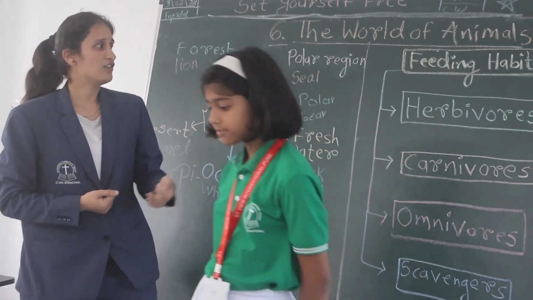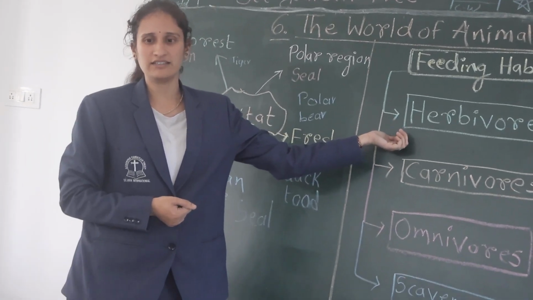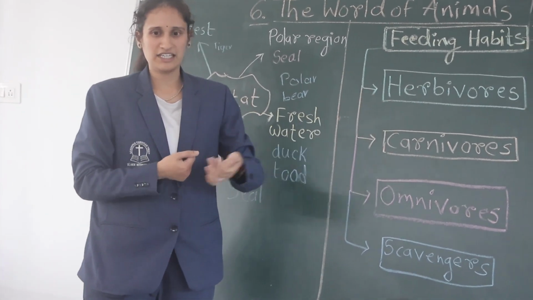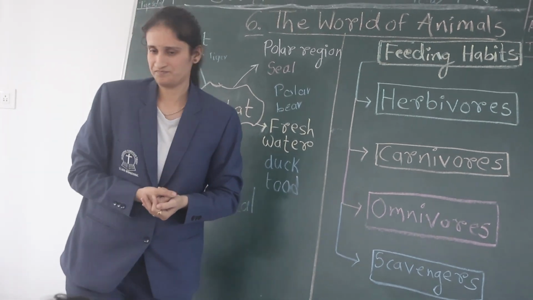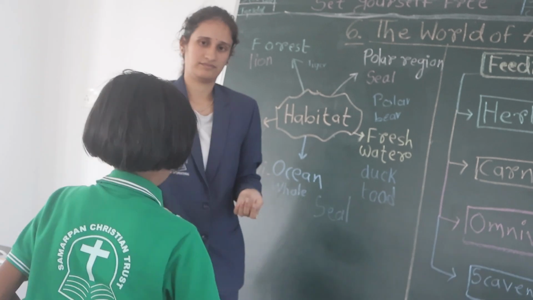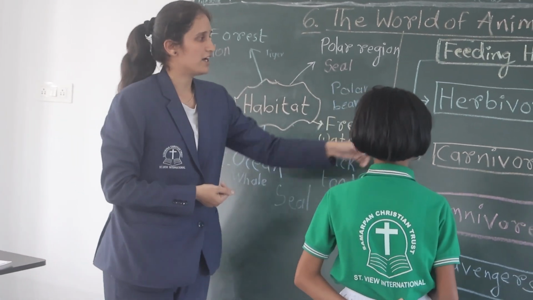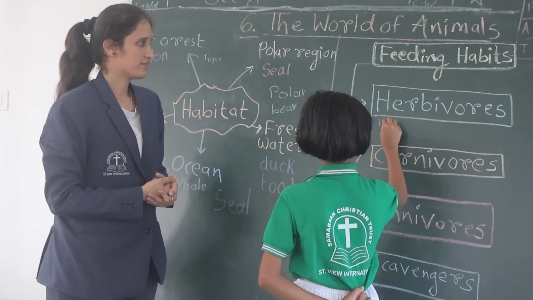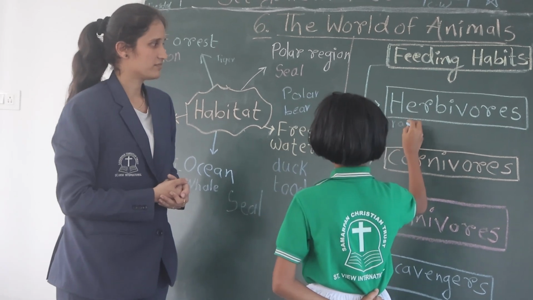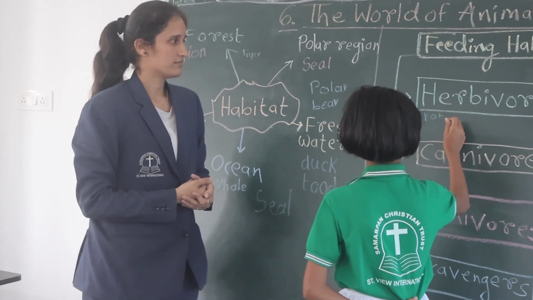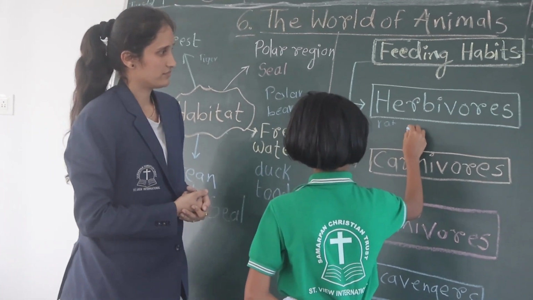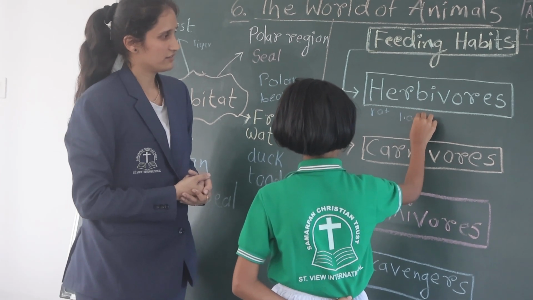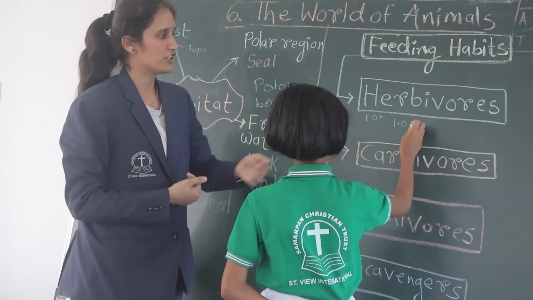Go sit down. Now herbivorous examples. Can anyone come here and write? Durga, you will write the animal name here. Which animal eats plant and plant products? Rat. Lion? No. Lion comes in carnivores.